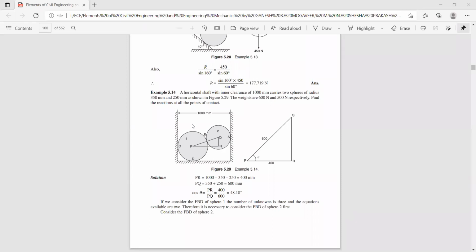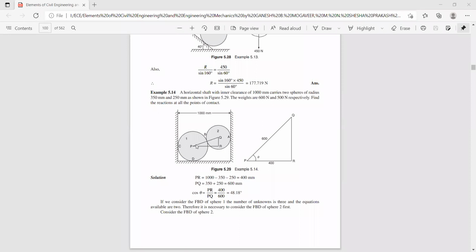The weight of the sphere acts vertically downwards, that is 600 Newton. And you have a reaction from sphere Q to sphere P. So let us call this reaction RP or RB. So this angle, 48.18 degree, already you have found here.